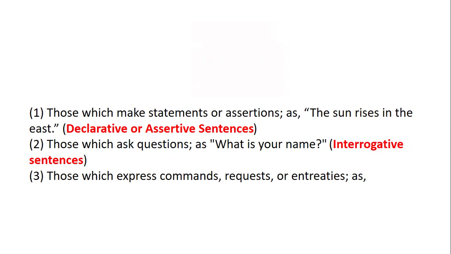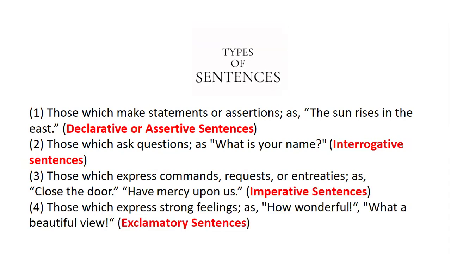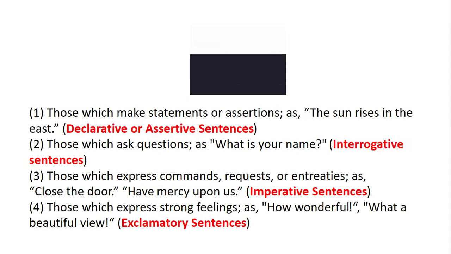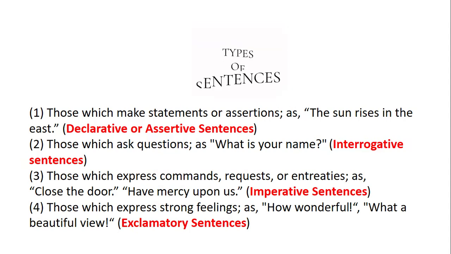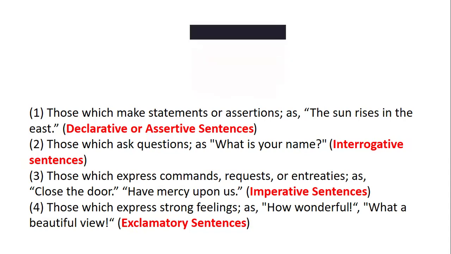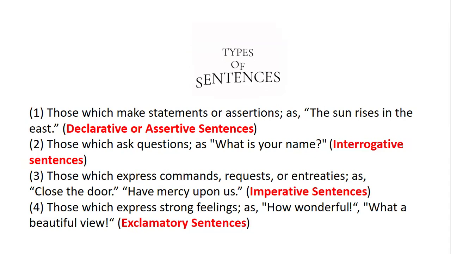For example, close the door. A command is given, close the door. Have mercy upon us, right? A request is done, have mercy upon us. So those sentences which give commands, requests, or entreaties are called imperative sentences.